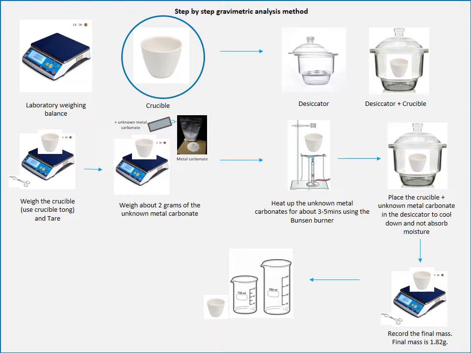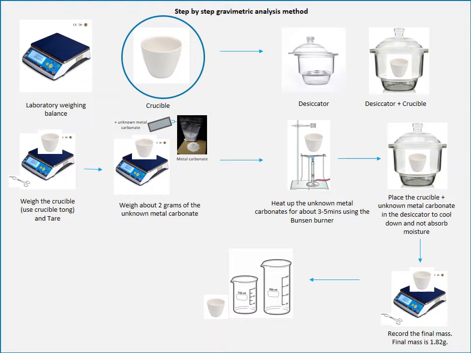Okay, so the crucible, before we place it in the desiccator, we're going to dry it off in the oven, so that there will be no moisture present in the crucible. So we have to remove the excess moisture. After some time, we have to remove our crucible from the oven and then place it in the desiccator.